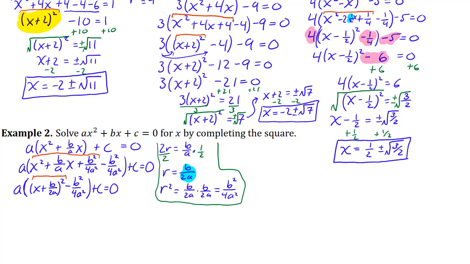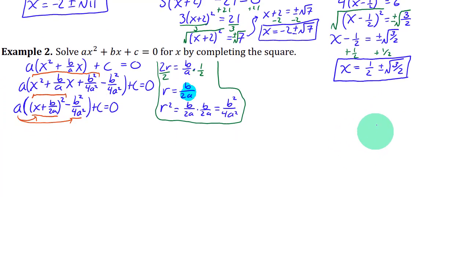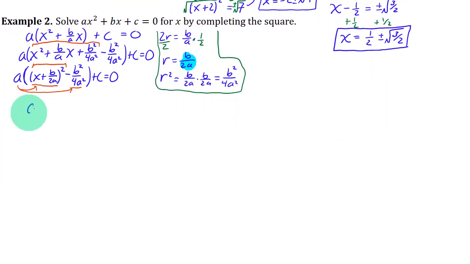So let's see. Now we want to get the x plus b over 2a squared part by itself. So I'm going to redistribute this a into these two terms here. So that will now look like a times x plus b over 2a quantity squared.